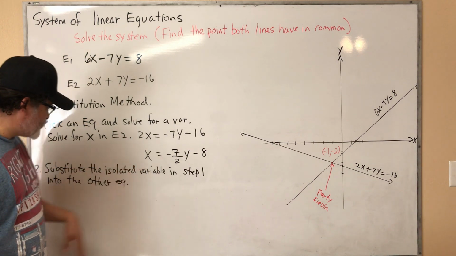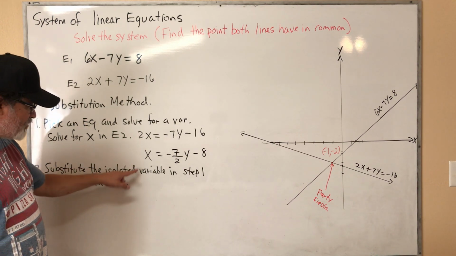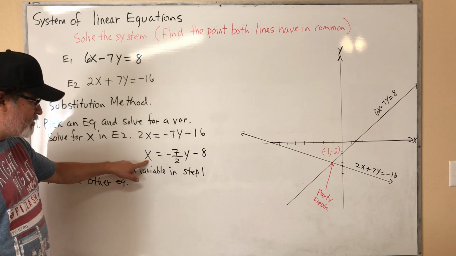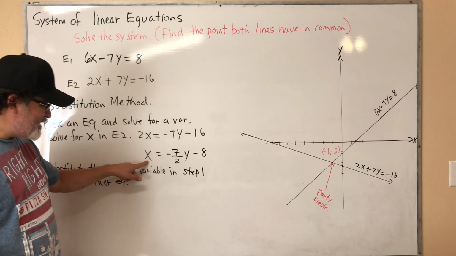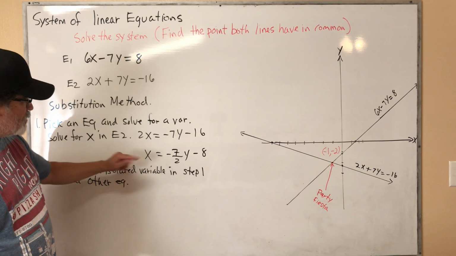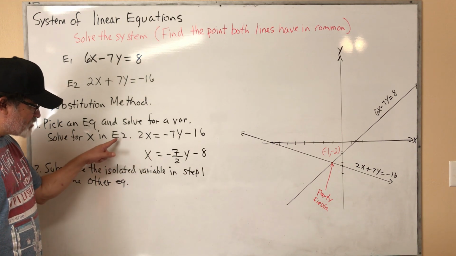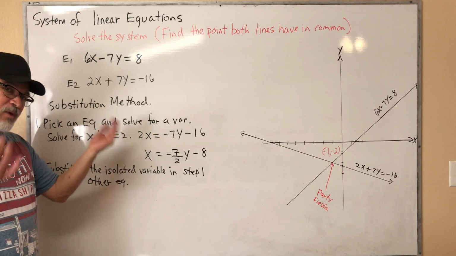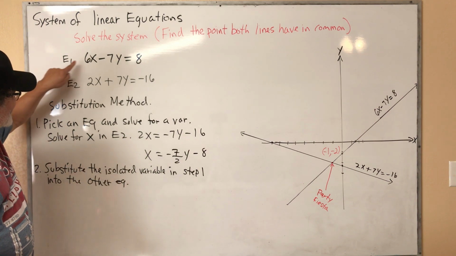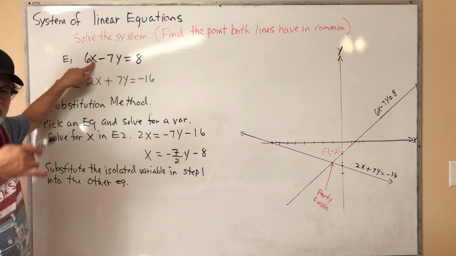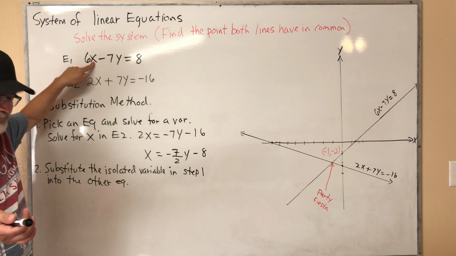So I'm going to substitute the isolated variable. That's x, the isolated variable. I'm going to substitute this x into the other equation. So this x comes from equation 2. The other equation is equation 1. So here's equation 1. This x is going to be substituted. Okay?